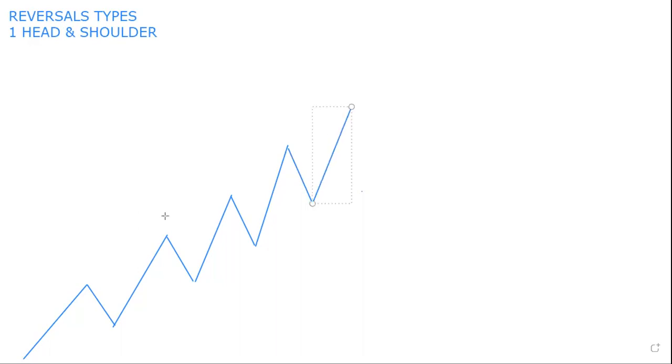So remember, this is how a trend moves. It doesn't move in one direction. It moves in a trend.